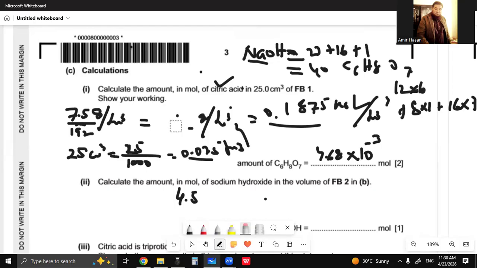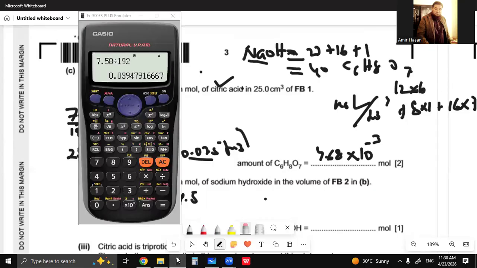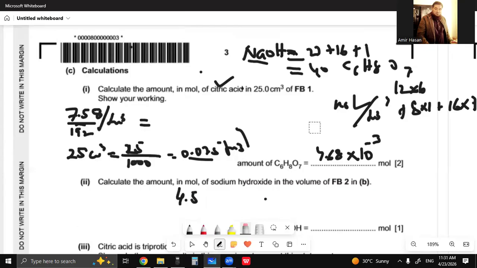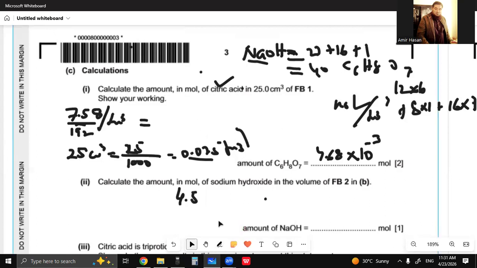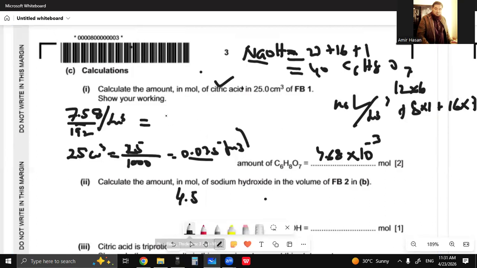When we divide it by 192, the concentration changes into 0.0395.